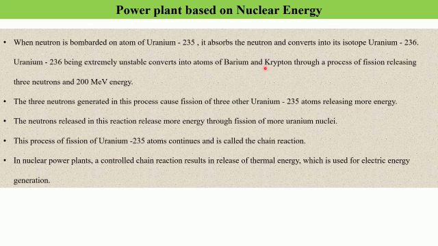And along with the formation of barium and krypton, it also gives rise to 3 more neutrons and energy equivalent to 200 million electron volts. So this energy that is released in the form of heat energy is then utilized to heat the water to convert into steam and to rotate the turbines, which in turn activate generators and produce electrical energy.